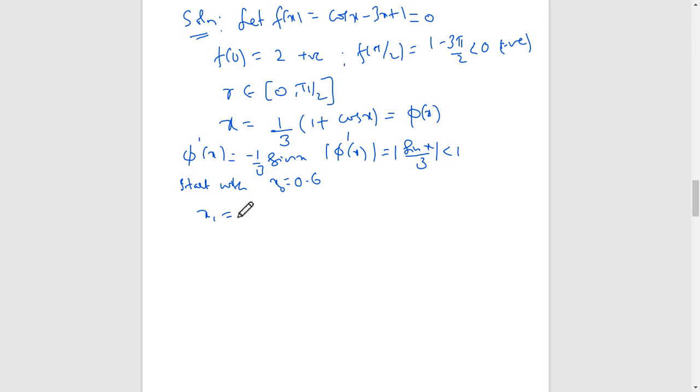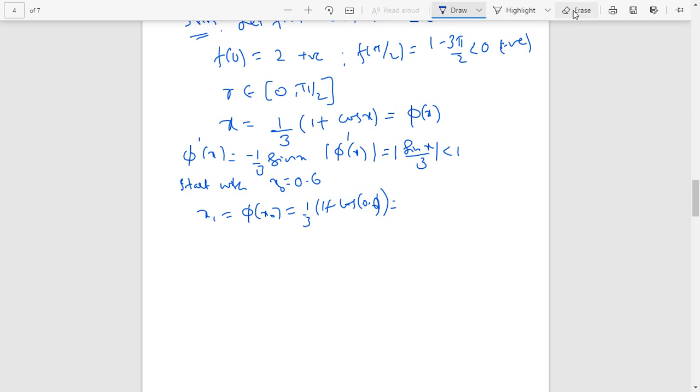Then we have x1 is equal to phi of x naught. Phi of x is 1 by 3 of 1 plus cos 0.6, because x naught we have taken as 0.6.